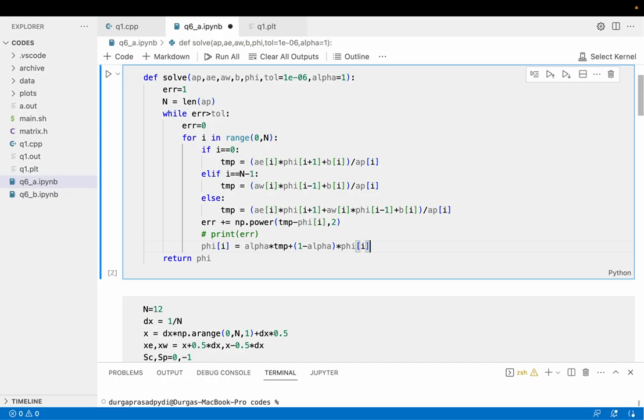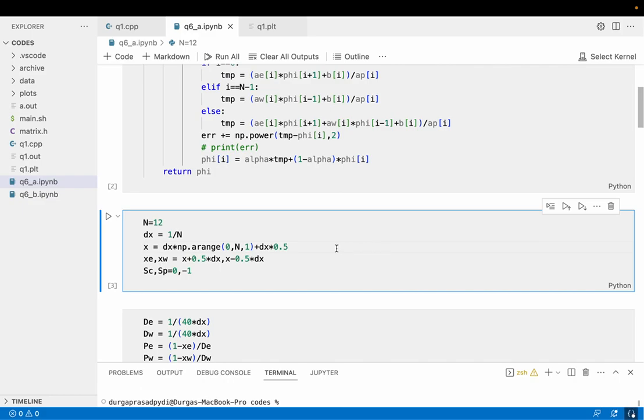So instead of using whatever new value you get completely, you will use only a partial value of it as the new update. Most of it will remain from the previous value. If you use a very low value of alpha, your phi will change slowly. That's the whole idea in under relaxation. You can use over relaxation as well, which we don't usually do.